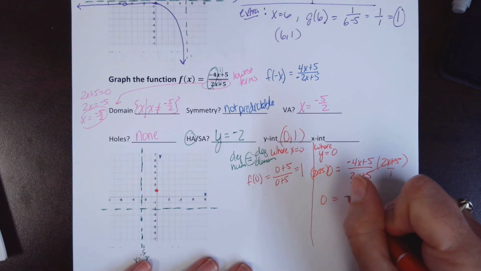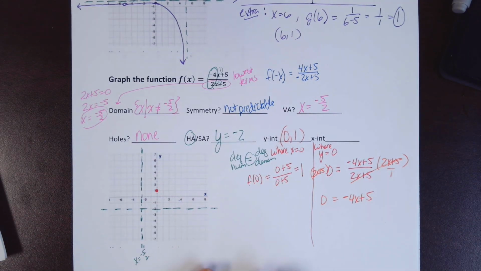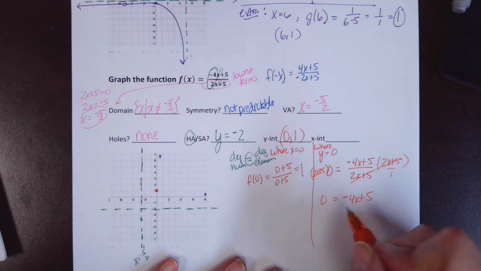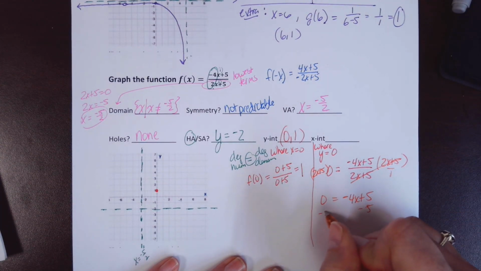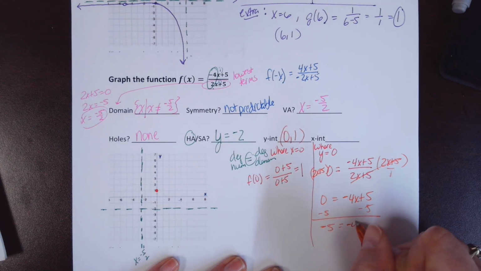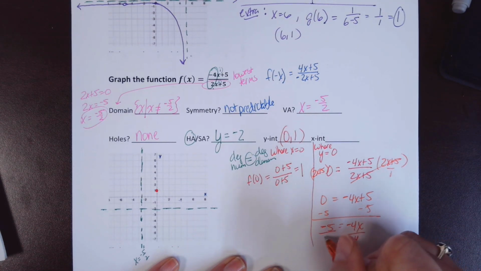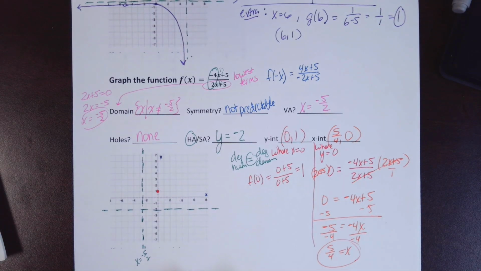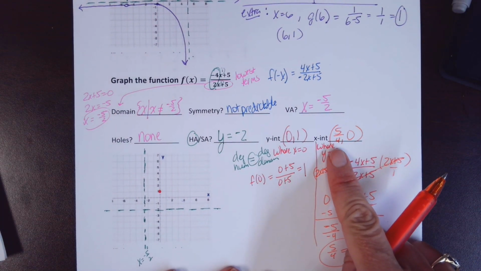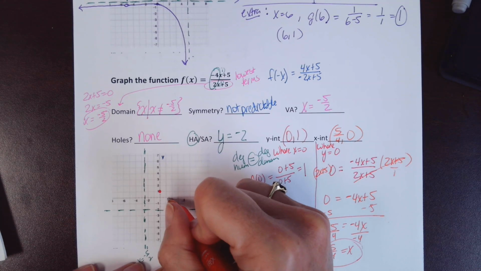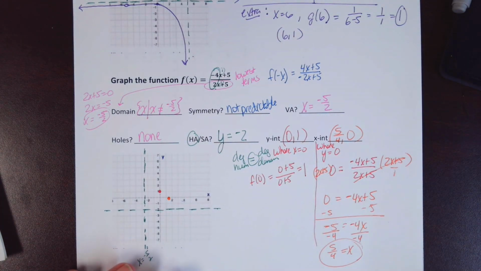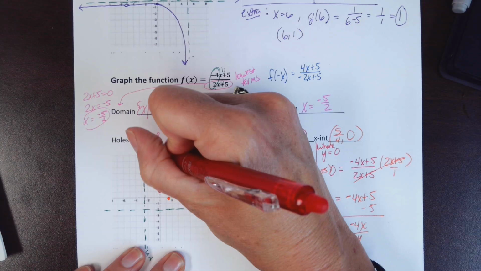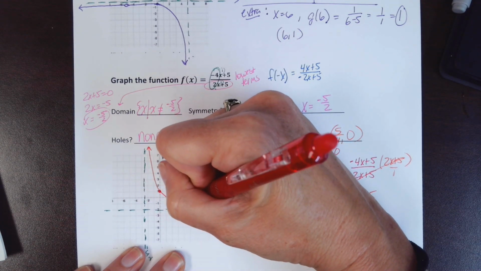So I'm left with 0 is equal to my numerator. I do have an x-intercept. Subtract 5 to move that over. I get my x value at a positive 5/4. So my x-intercept is at (5/4, 0). 5/4 is just past a positive 1. That would be right there. That makes sense, right? I can curve this when I get to those asymptotes.